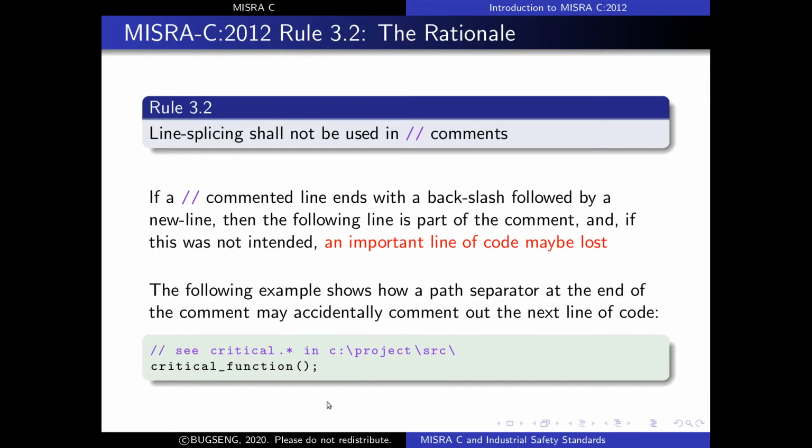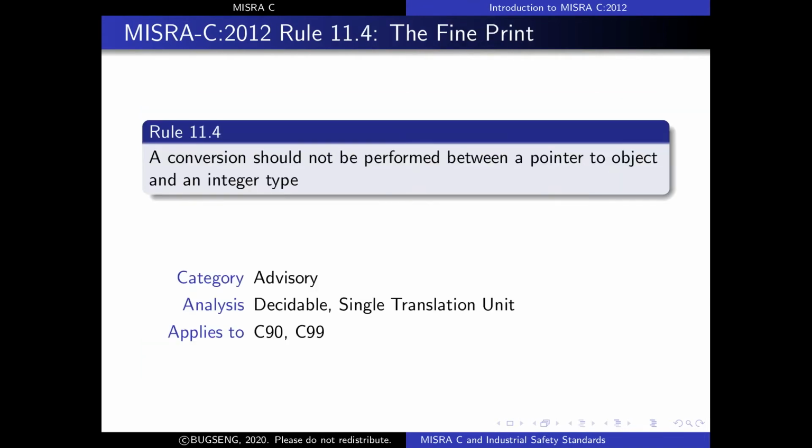At a very early stage in the translation done by the compiler, physical source lines are merged into logical source lines. And all this fragment you see is a single logical source line, which is commented out. So critical function is not even seen by subsequent stages of the compiler. So it was critical to call it, it will not be called, and you will not know. That's why it's important to have a tool that warns you about these kinds of things.